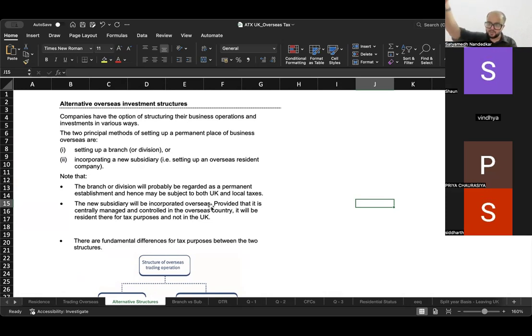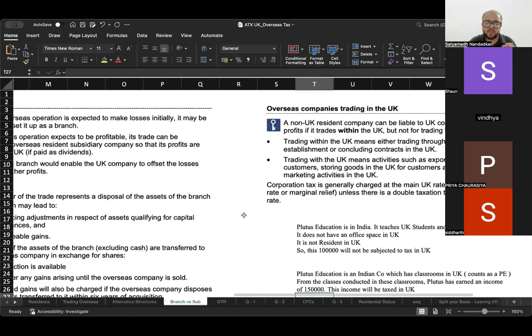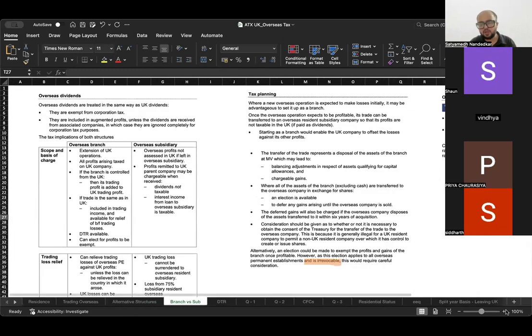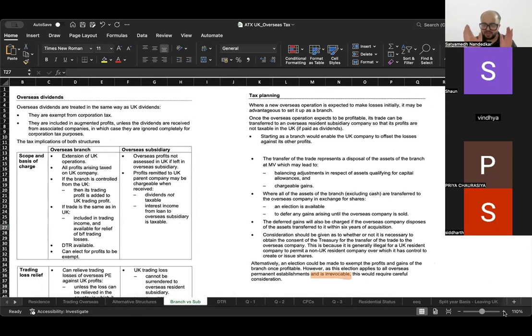So even if the subsidiary makes a profit and it transfers it to the holding company by way of a dividend, that is still okay. And you will not be taxed on it, but you will have to pay attention to the fact that if the subsidiary is making a loss, then that loss cannot be adjusted by the holding company. The branch versus subsidiary questions are a favorite in your ATX exam. I have discussed the benefits of setting up a branch, benefits of setting up a subsidiary. Make sure that you go through all of that.